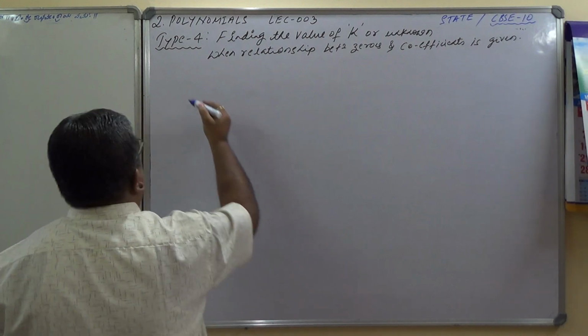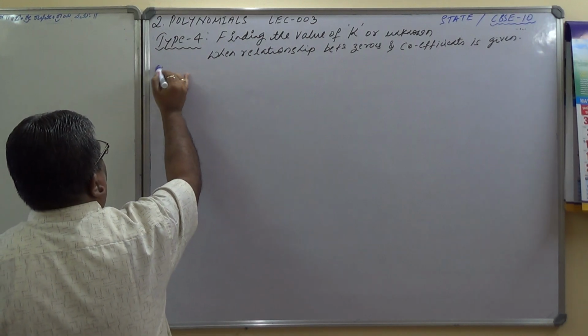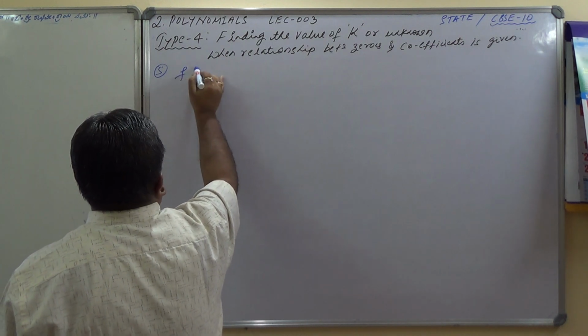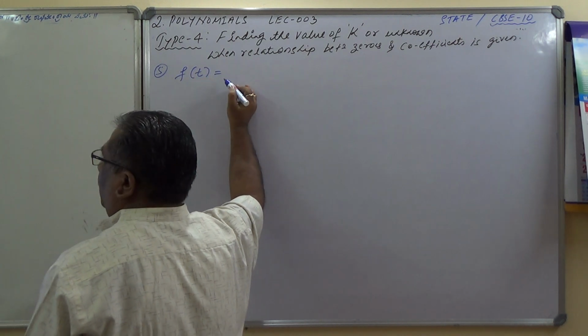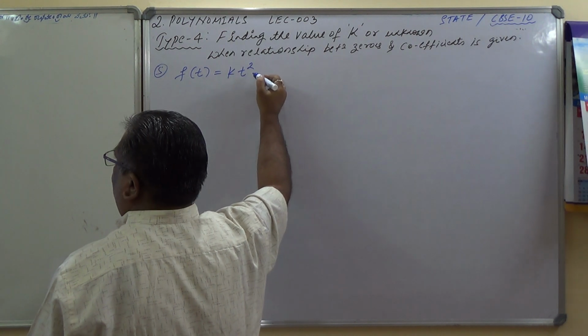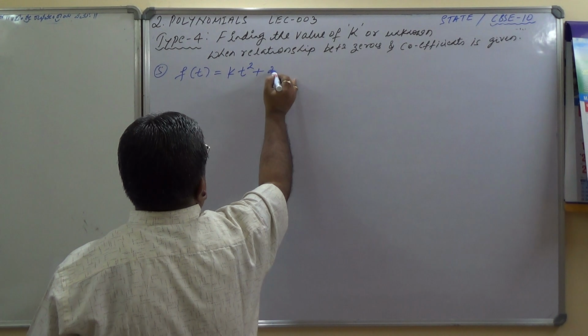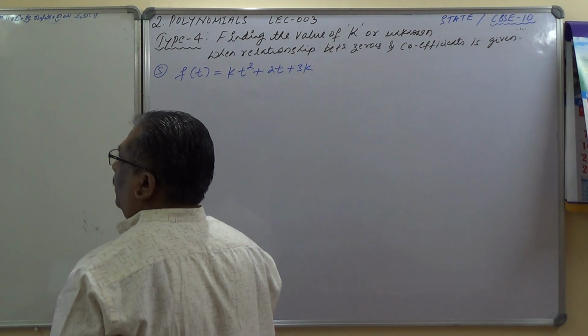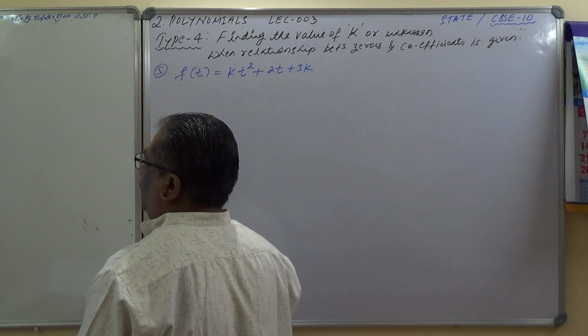I'll take one more example. I think it is the fifth one. I don't know, you remember the serial number. F of t is kt square plus 2t plus 3k.